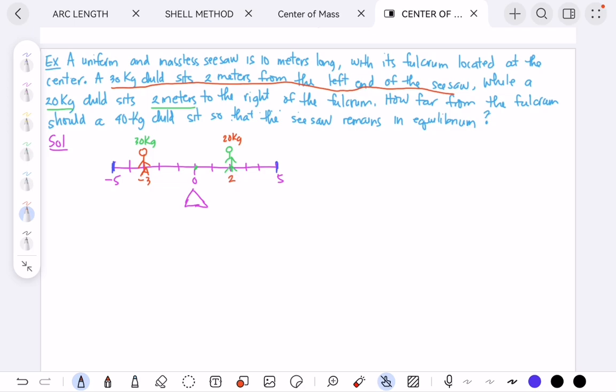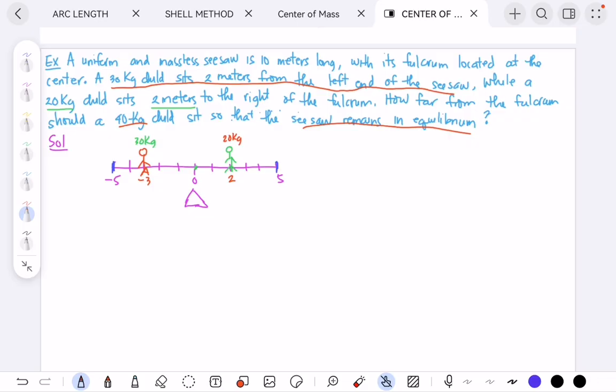Now the question is, how far from the fulcrum should a 40 kilogram child sit so that the seesaw remains in equilibrium? Let us recall that a system is in equilibrium if the moment of mass is 0. Take note that we have 3 particles, or 3 children, here.